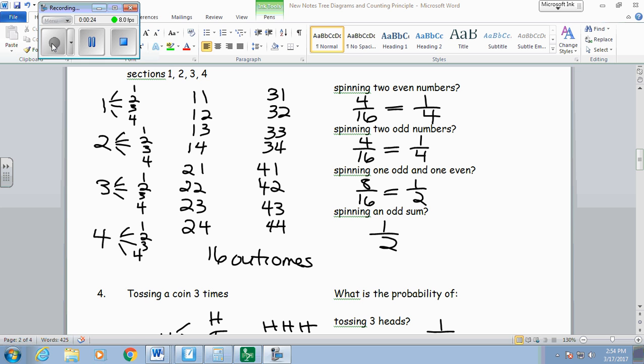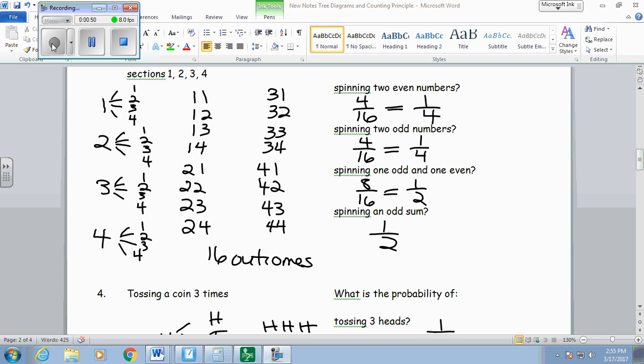Okay. So what I've done is I first have my tree diagram listed here, and then I have listed all of the possible outcomes just to make it a little bit easier for when they're asking some of the questions. So the spinning 2 even numbers, I said that there was 4 out of 16. 2 odd numbers, again 4 out of 16, which we reduced down to 1/4. Next, spinning 1 odd and 1 even.